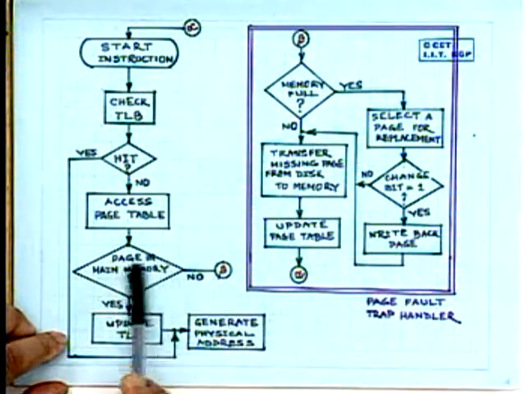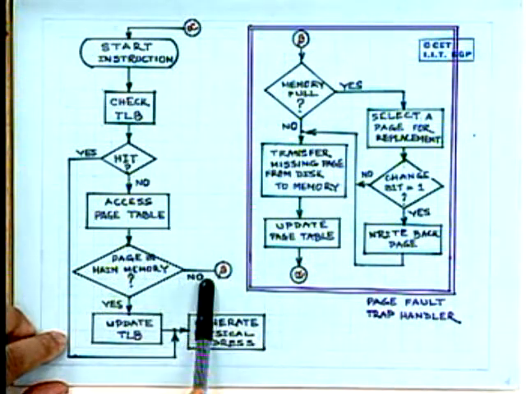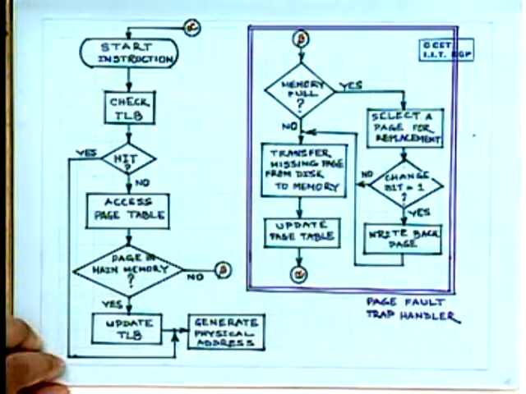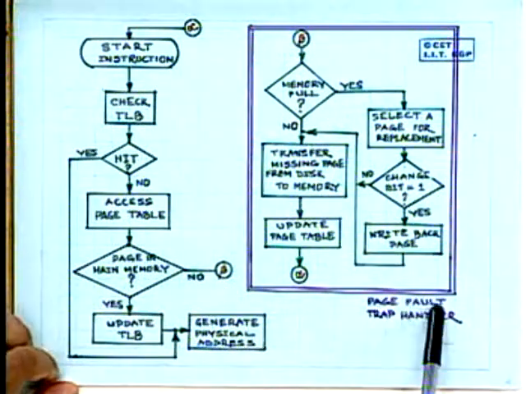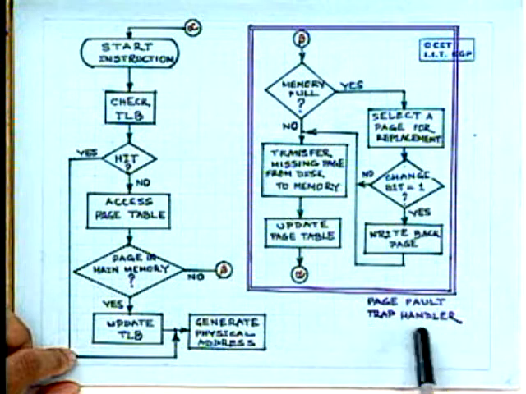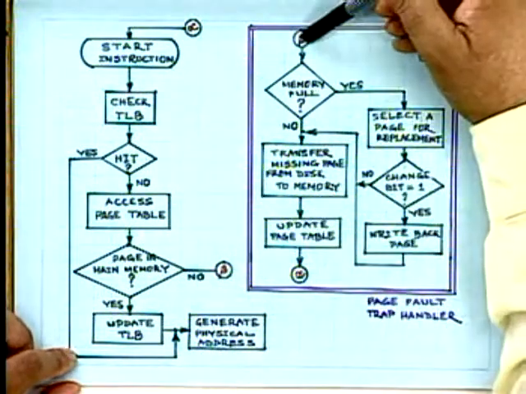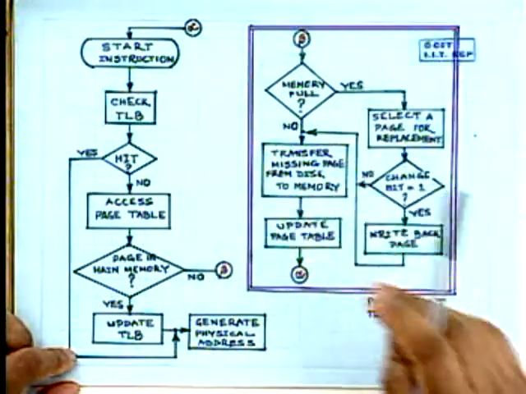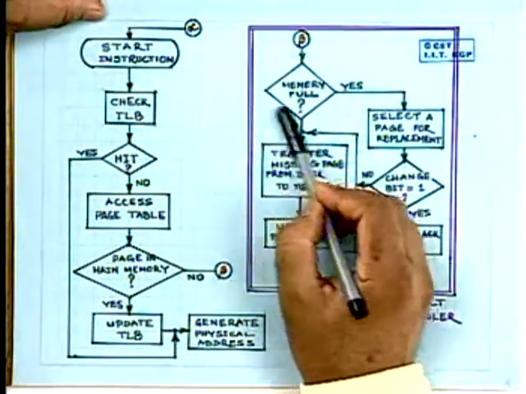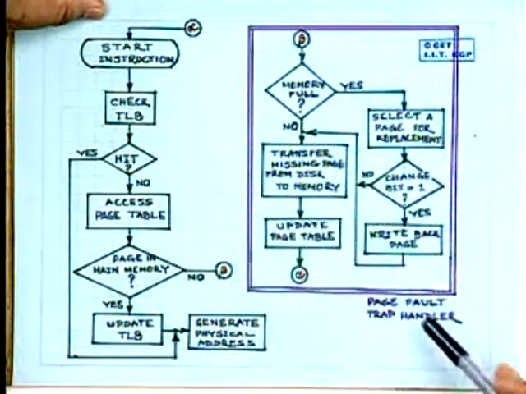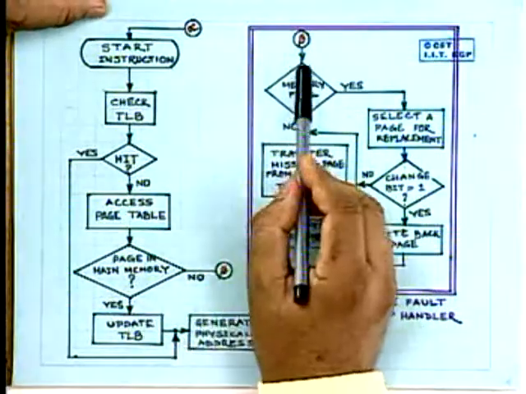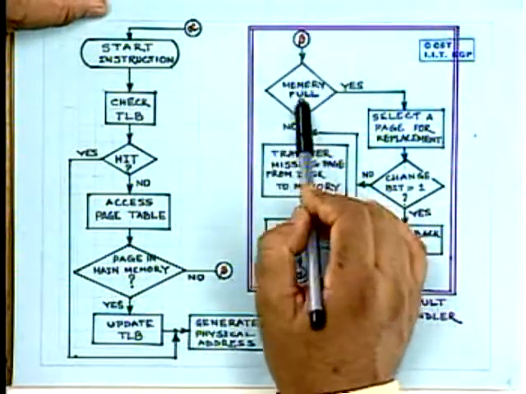But if it is not in the main memory, then immediately a page fault trap takes place, and the page fault trap handler is activated. We enter at this point of the page fault trap handler. Here the handler checks whether the memory is full or not.